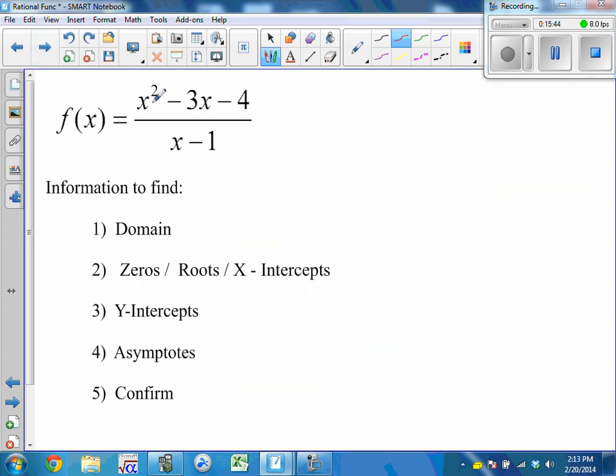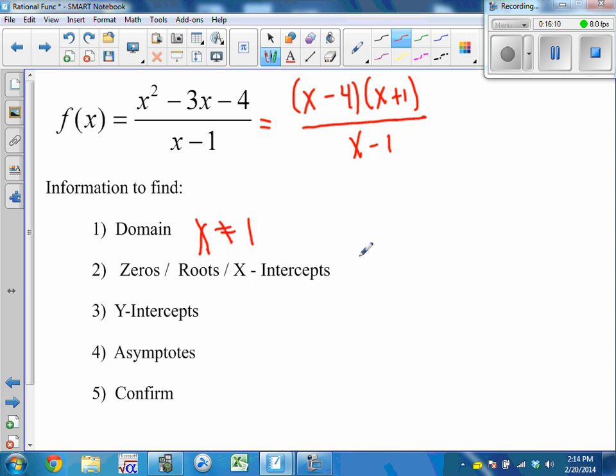So if you look at something like this, your first thought is, well, let's factor the top. Now once you factor the top and you see there's no common factor, now you can go on and say your domain cannot be 1, your x-intercepts are 4 and -1, where the top is 0. For your y-intercept, if you put 0 in for all the x's, you get -4 over -1, which is 4.